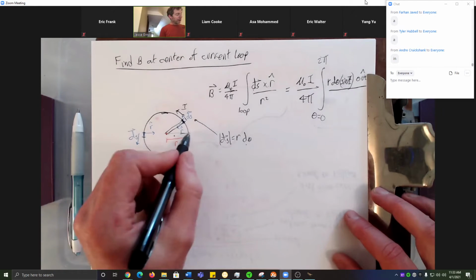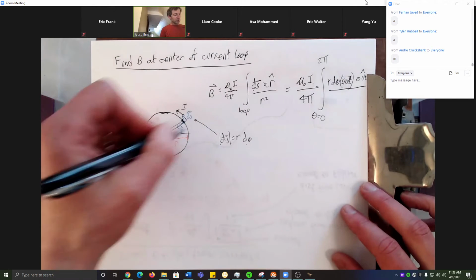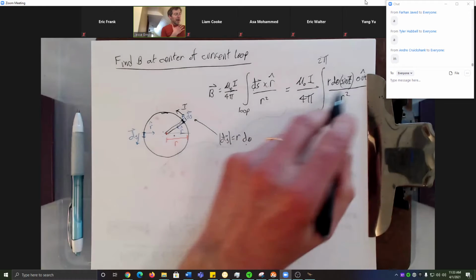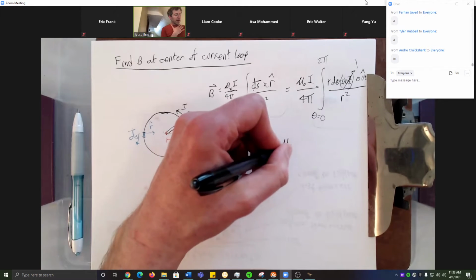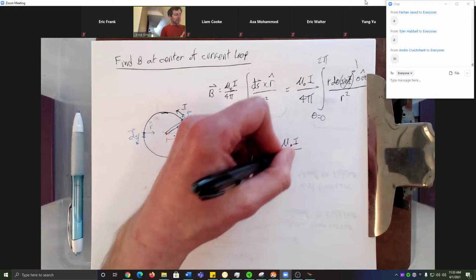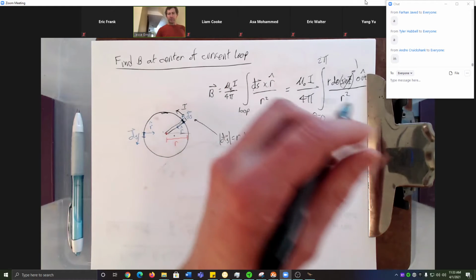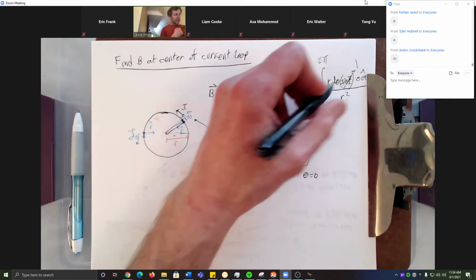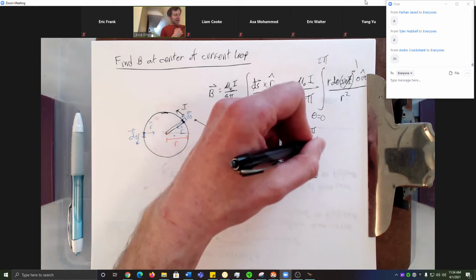The distance from every element to the field point is r, so it's just r squared. Sine of pi over 2 is 1, and so this thing becomes mu naught I over 4 pi integral theta equals 0 to 2 pi of r d theta over r squared. So let's just call that d theta over r.